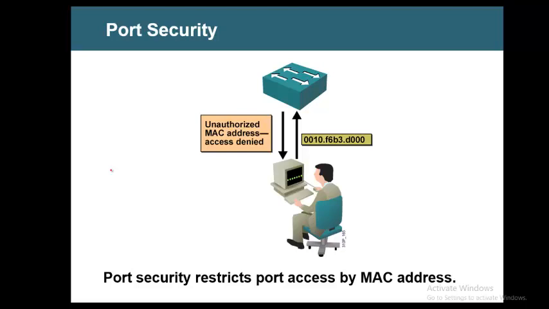So first of all, we should enable access on the front port. Then you go and enable port security by typing the command switchport port-security. That's all. When you say this, only one MAC address is allowed on that port.